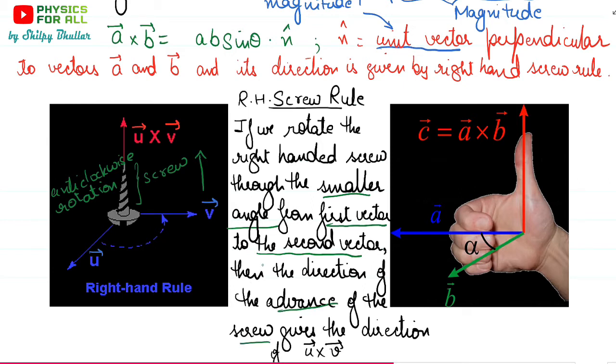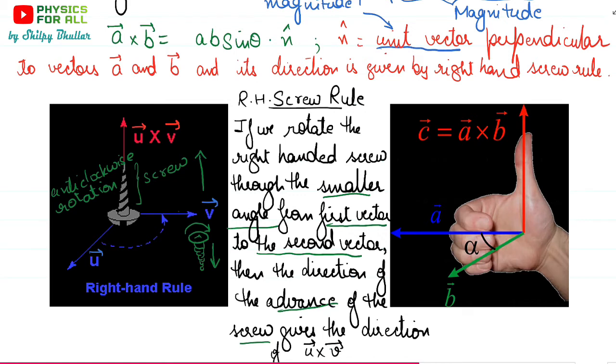In whatever direction the screw will advance, that will be the direction of the resulting vector. If you are holding the screw in the opposite direction, suppose this is the wider part and we hold the screw like this, and you turn it clockwise now, what would happen? It will go downwards. So direction really matters.